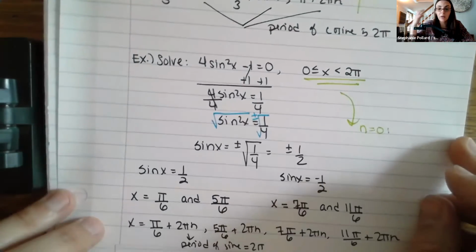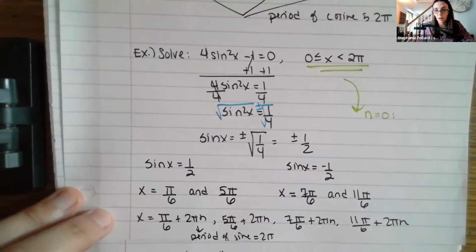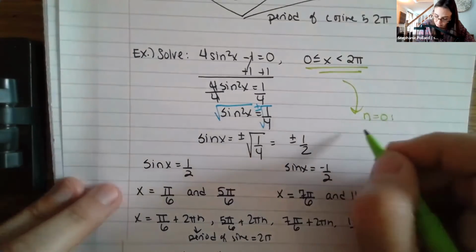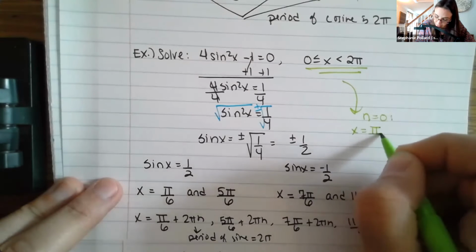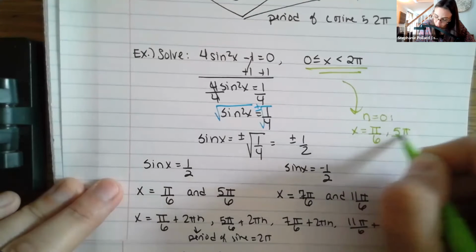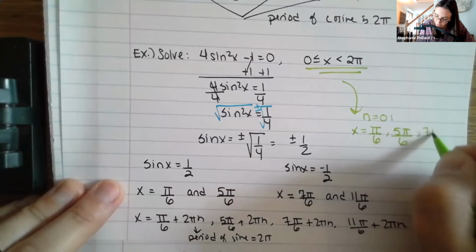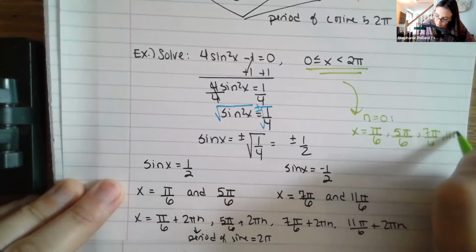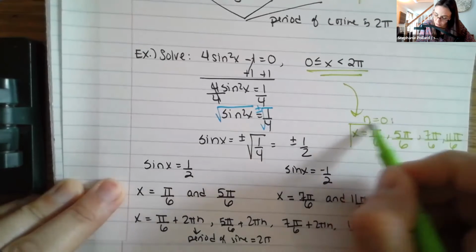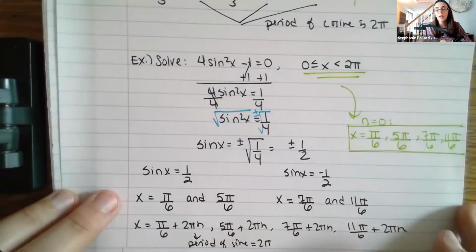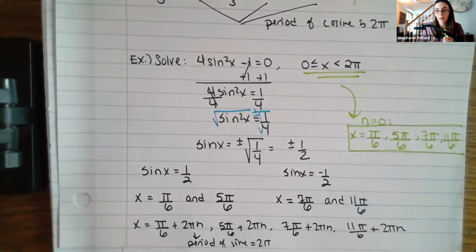If you try n equals 1, it's going to be too big. So the final answers in this particular case, just because you have that domain restriction, are going to be pi over 6, 5 pi over 6, 7 pi over 6, and 11 pi over 6. Those are the only values between 0 and less than 2 pi that will work for this equation.